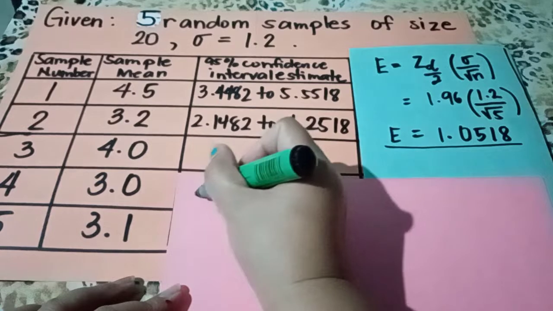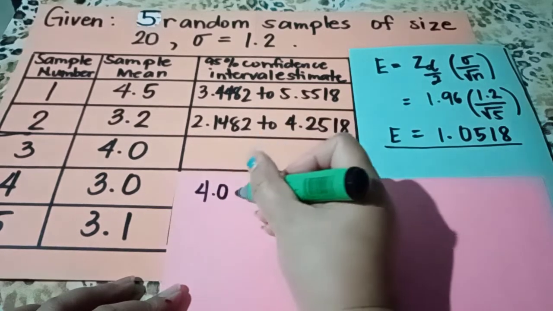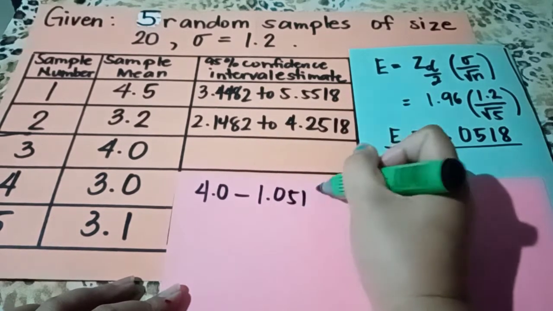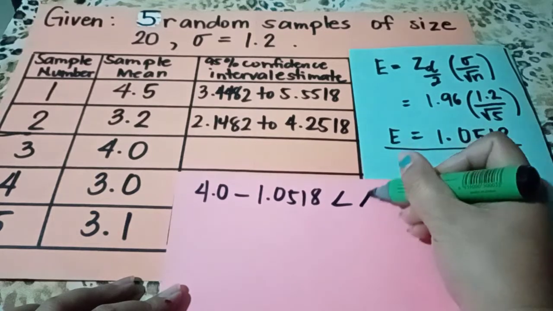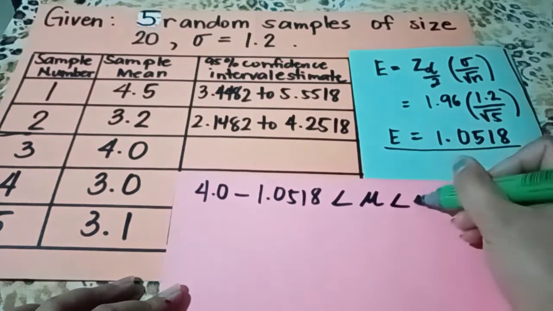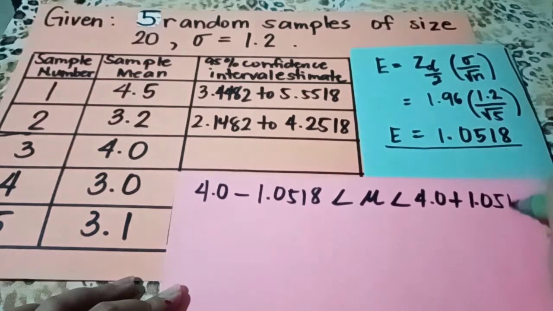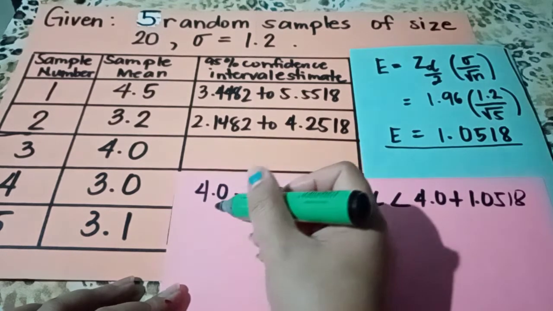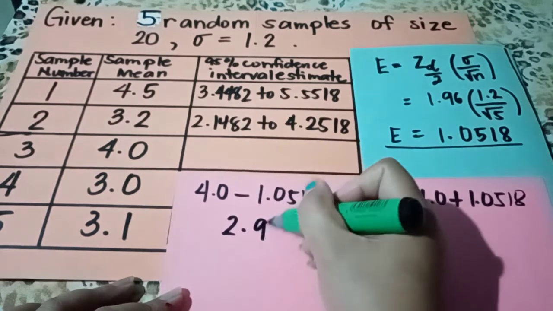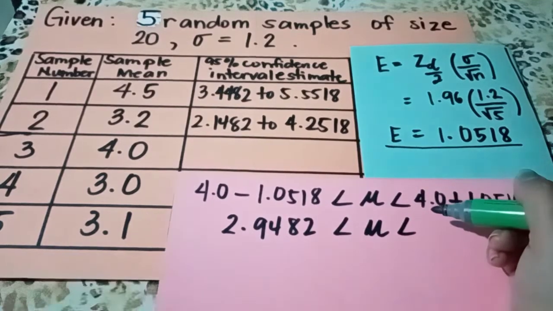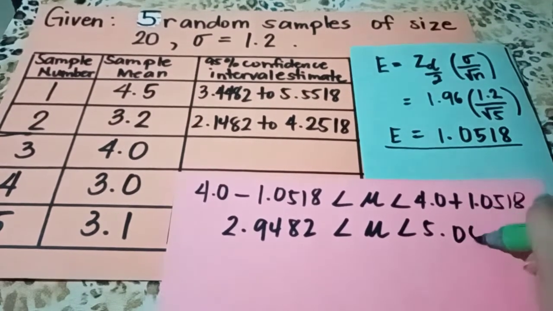Let us have the third example wherein your sample mean is equivalent to 4. Same process, so we have 4.0 minus our margin of error, 1.0518, to get the interval estimate. Then 4.0 plus 1.0518 as our margin of error. So this is equivalent to 2.9482, but it is less than 5.0518.